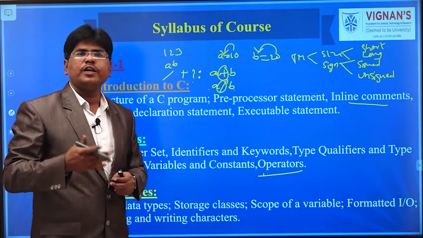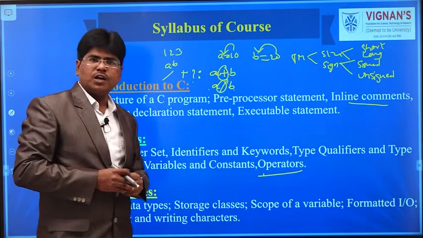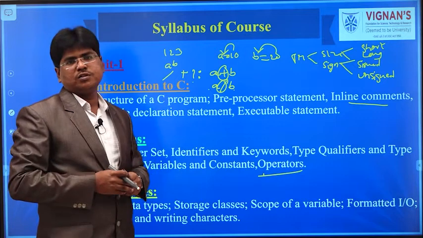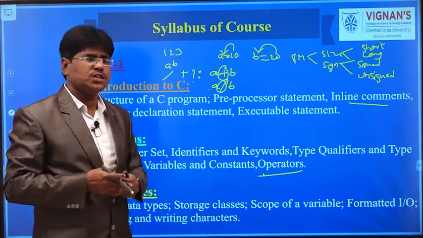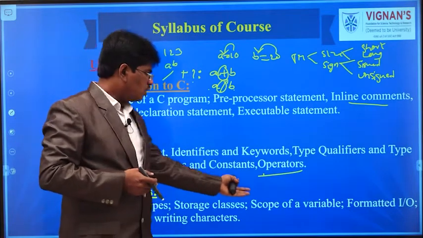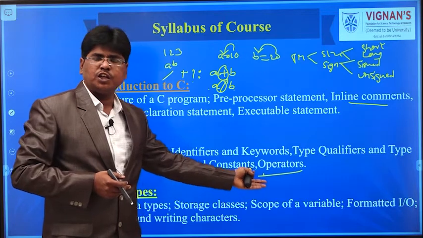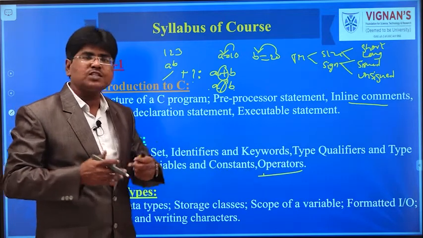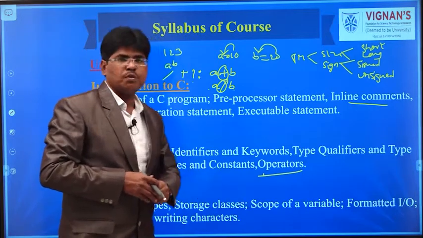At what position will you declare the variables and how can you access them? From which position to which position we are accessing the variables, that region, that space. In how many places can we declare the variables? That we will cover under the concept of scope of variable.